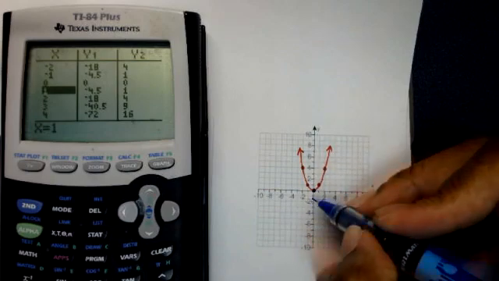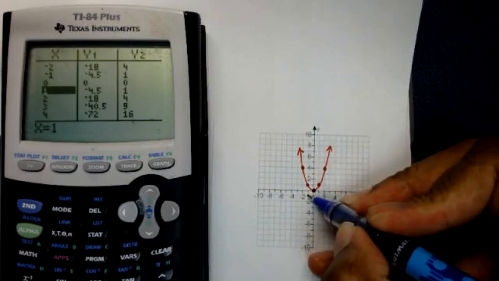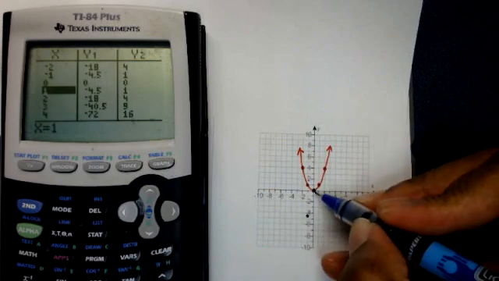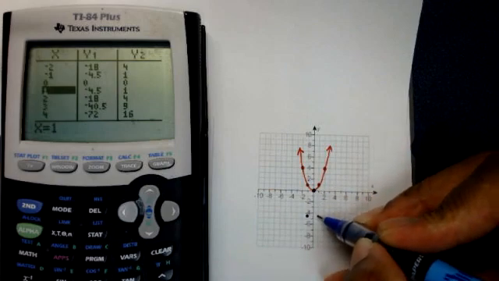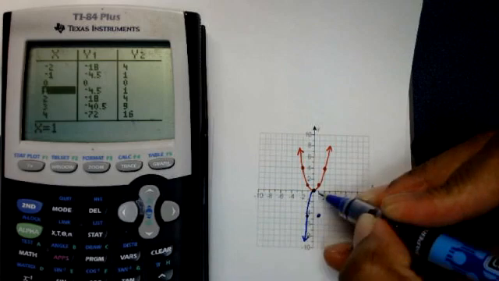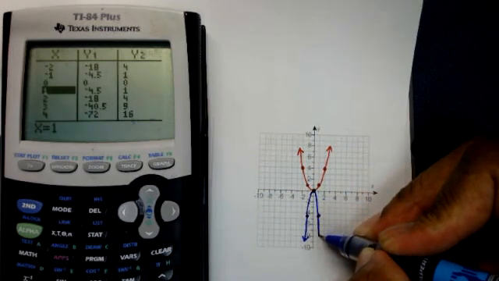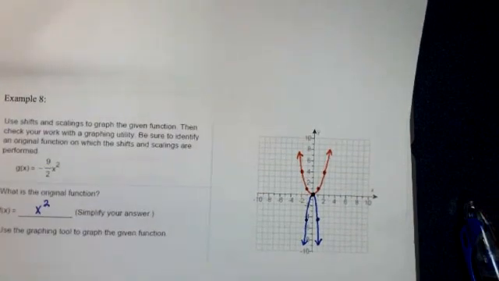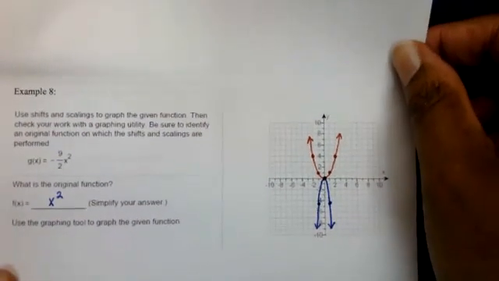For negative 1, that's going to be negative 4.5, so that'll be to the left 1 and down 4 and about halfway between negative 4 and negative 5. The same thing for 1 and negative 4.5. And notice how skinny the graph looks. There is that vertical shrinking. So that's what that graph looks like.